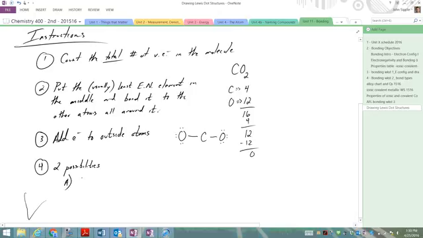Okay, so we have 2 more scenarios, 2 possibilities here. In one scenario, you have no electrons left.